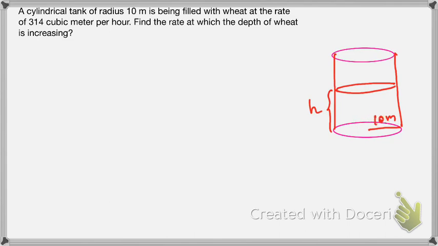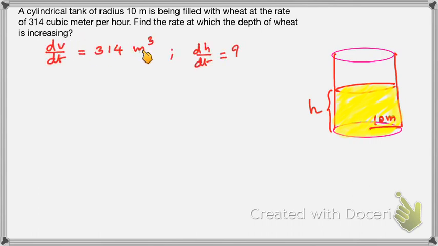So we say the rate of change of volume, dV by dt, is 314 meter cubed per hour. And your question is to find the rate at which the depth of wheat is increasing. That's the depth, h. So dh by dt is equal to question mark.